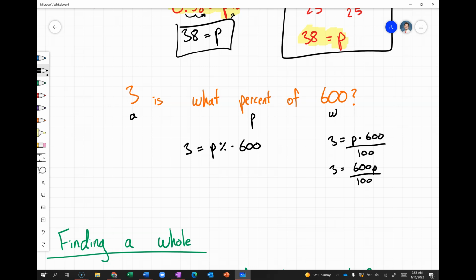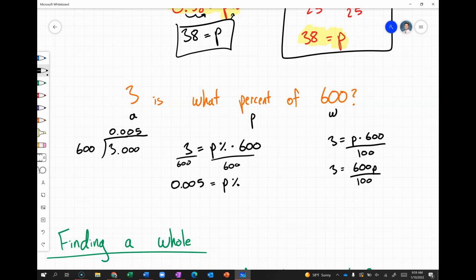So again, let's solve both. So on the left, we divide both by 600. You get 3 over 600, which would be, as a fraction, 1 over 200. But we'll go ahead and divide. .005 equals, again, P percent.